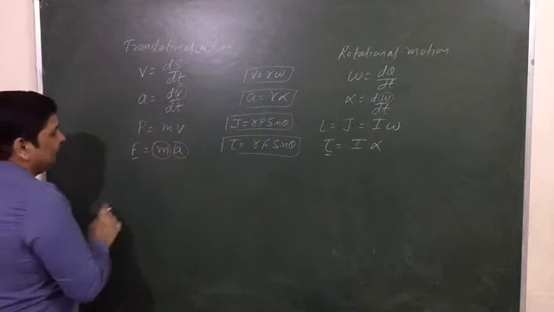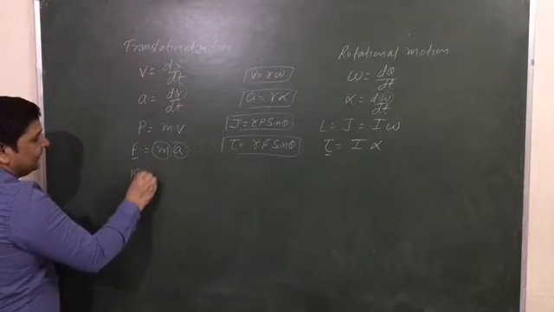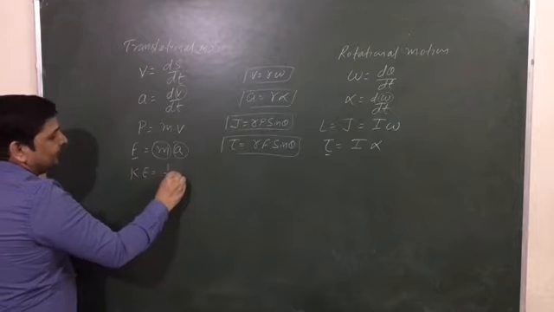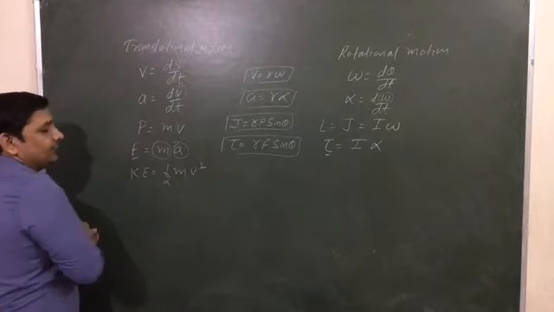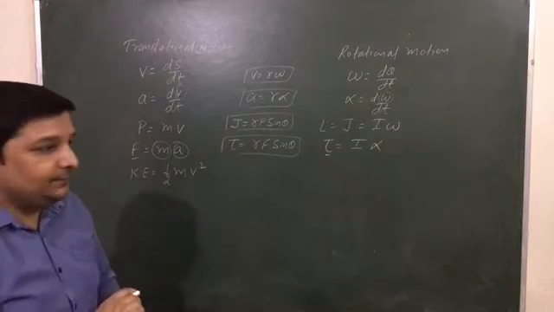Now, in translational motion, we use kinetic energy, and kinetic energy is given by half m v square. This kinetic energy is called translational kinetic energy.